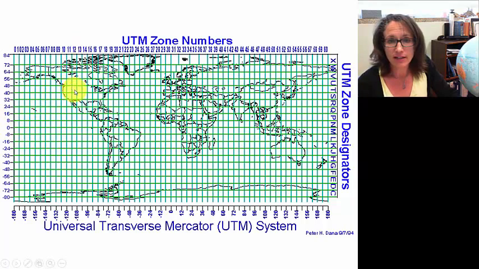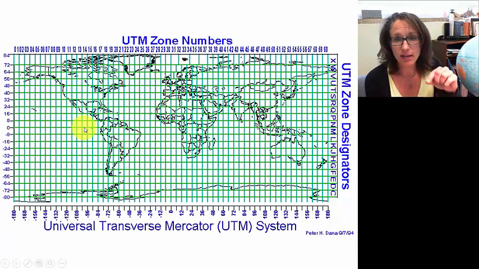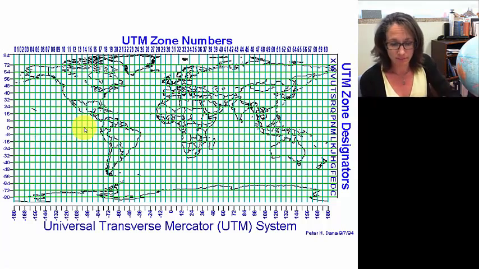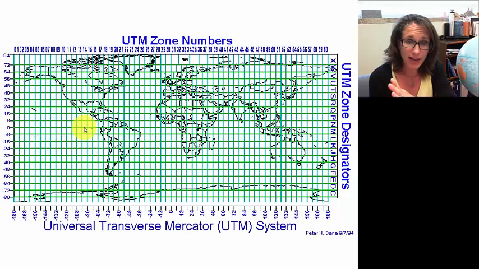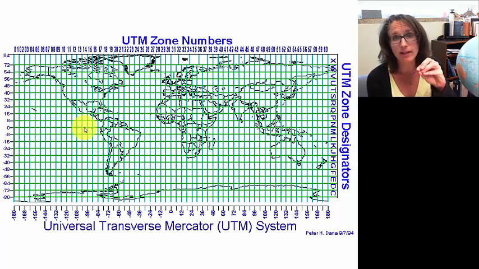Interesting thing for us in Colorado here, we're in zone 12, and we're north of the equator. So the UTM zone for Grand Junction is zone 12 north. Most of the state of Colorado, including Denver, where a lot of the federal agencies have offices and our state government agencies have offices, is in zone 13.